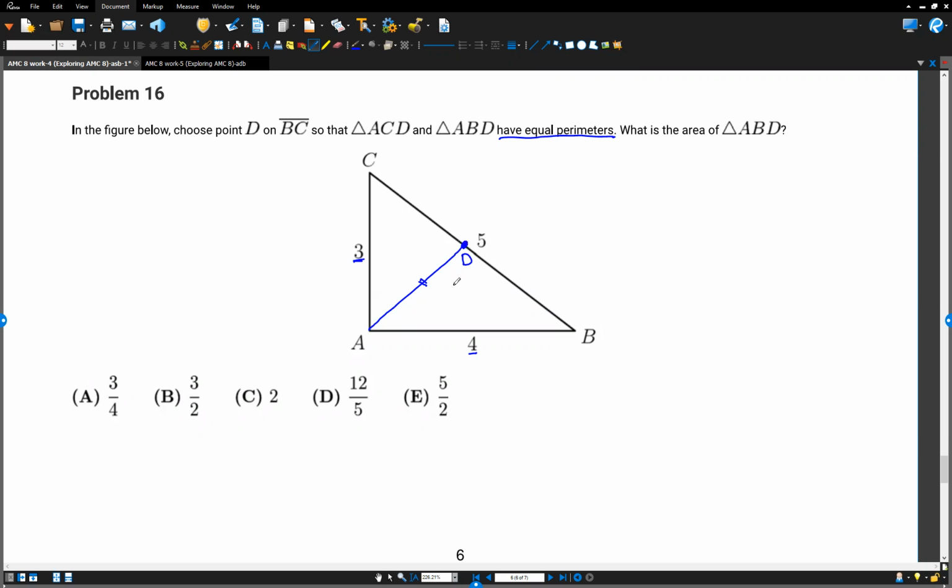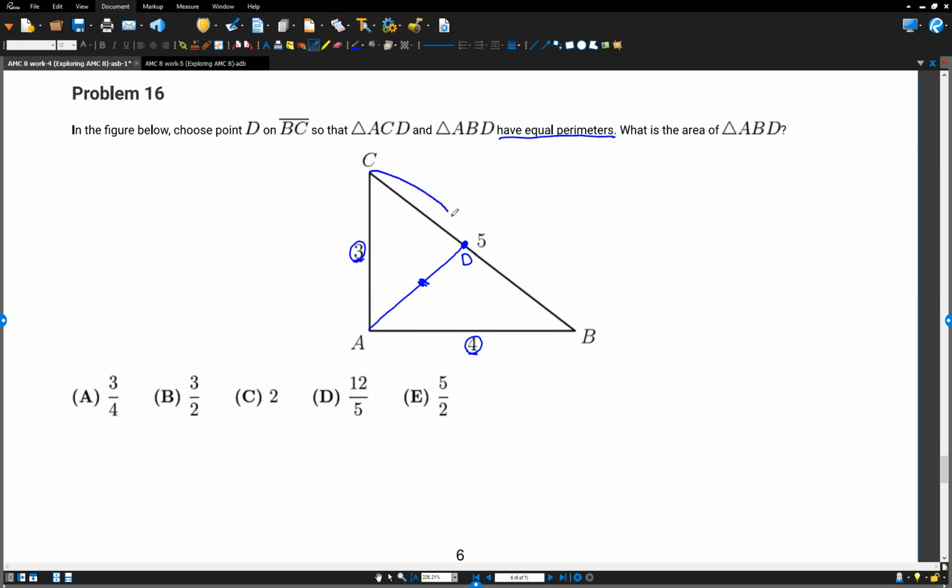Just give me 1 minute. Okay, so where is this point? This one is 3 already. This is a little bit longer. This is the same equal side.